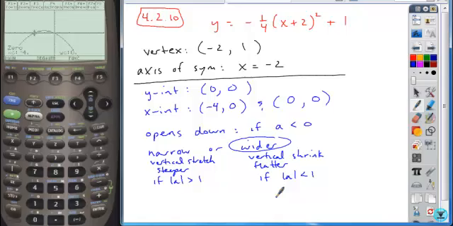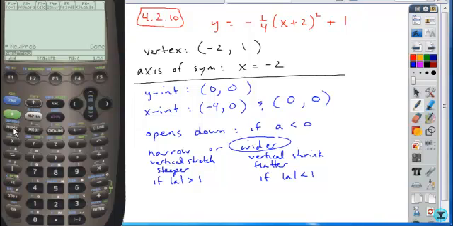Now, there's another way to find all the x-intercepts all at once, which is the way I would probably encourage you to use. If you have your equation entered in the y-editor, just go to your home screen, use the solve feature, F2, the algebra tab, select solve. Since you've already entered this as the y1 of x function, just access that function using the generic form y1 of x, set it equal to 0, and then solve for what values of x would make this function equal to 0.